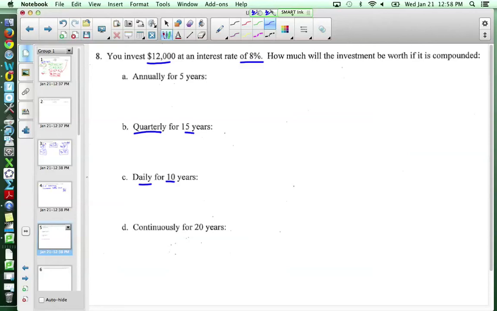So we always use this formula here, the P times 1 plus R over N raised to the NT power. So for part A, we start with our initial amount, 12,000, times 1 plus 0.08 divided by the N value, which is the number of times per year.